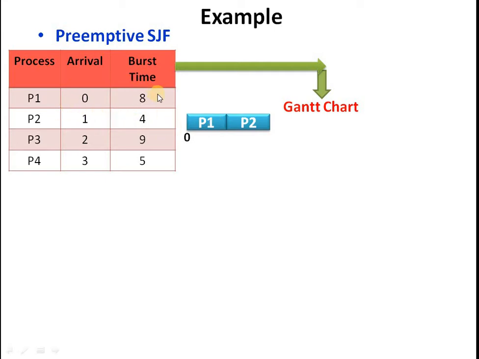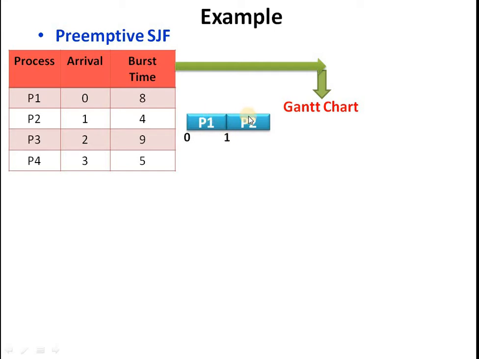So as compared to P1, P2 has the smallest burst time. So P1 will execute only for 1 millisecond and be preempted by P2, meaning the currently running process P1 is executed only 1 millisecond.